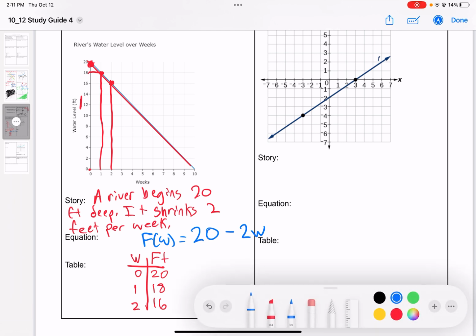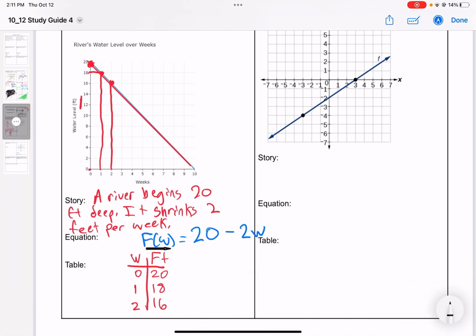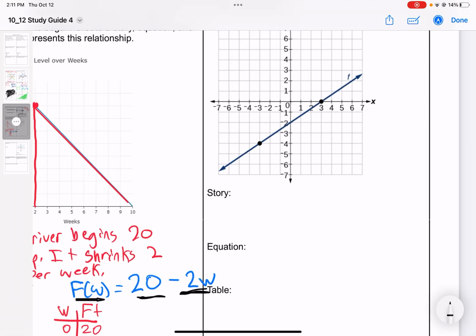So this equation tells the same story. The height of the river in feet is equal to 20 minus 2w, because it loses 2 feet per week. So this graph, this story, this equation, this table, all show the exact same thing in a different way.